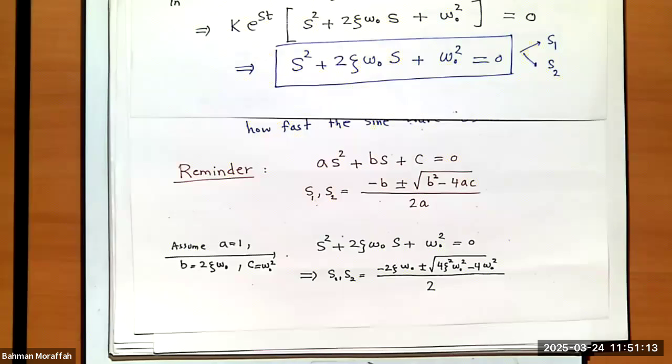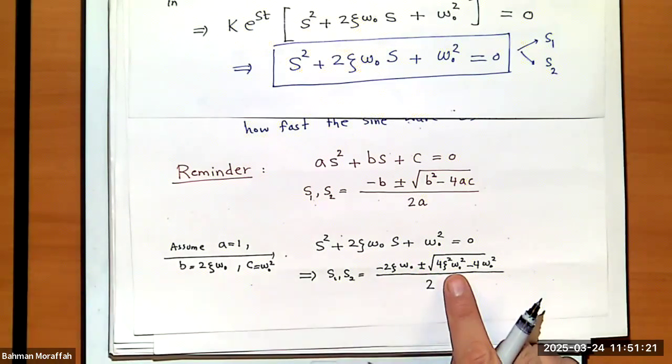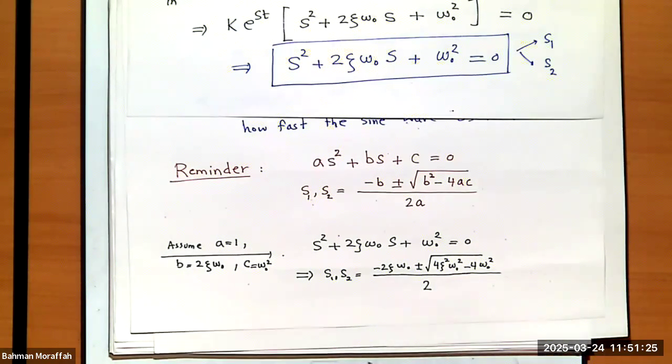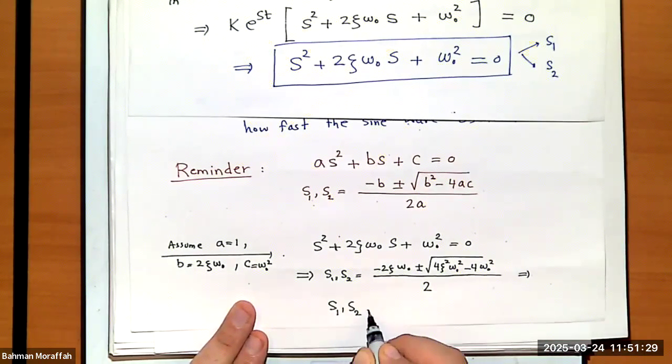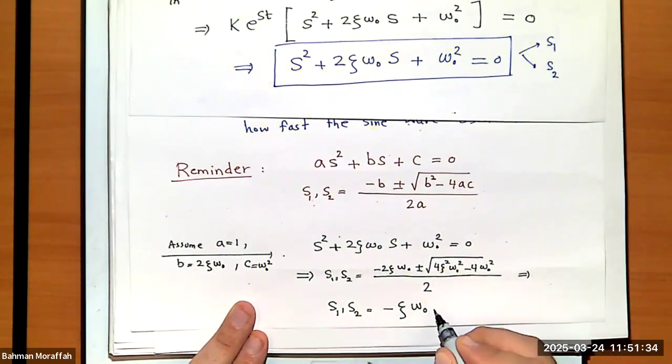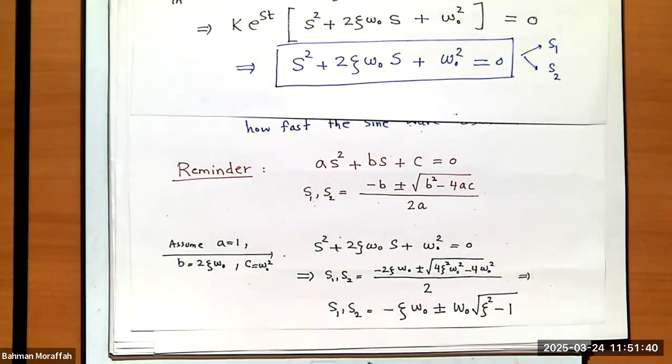I can factor out this 4 times omega naught squared, bring it out of the square root, which becomes 2 times omega naught. I can simplify this and get s1 and s2 as minus zeta omega naught plus or minus omega naught times the square root of zeta squared minus 1.